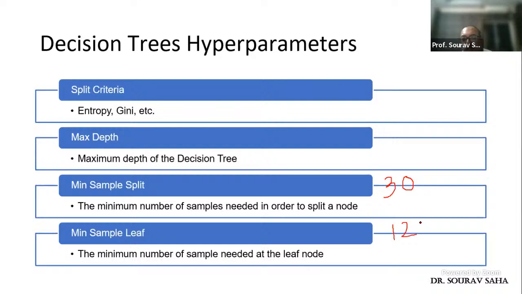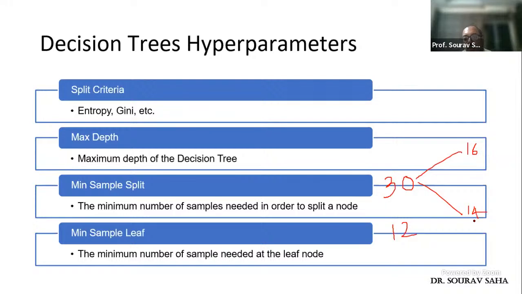It will go back. Now let's say this 30, which you have given as the minimum sample split, was split as 16 and 14, right? Then as per the minimum sample split, you can't split this further because 16 records are there, and the minimum sample split says 30.